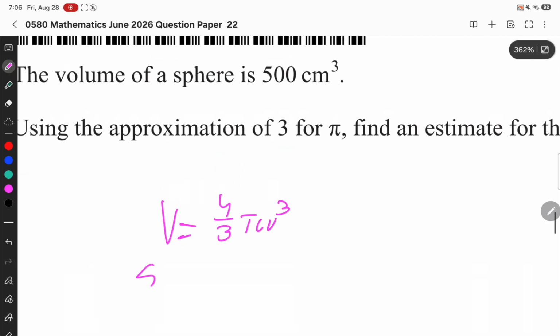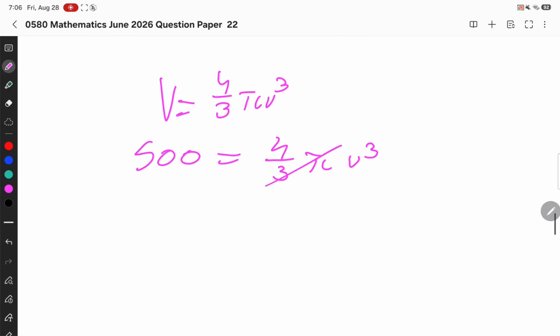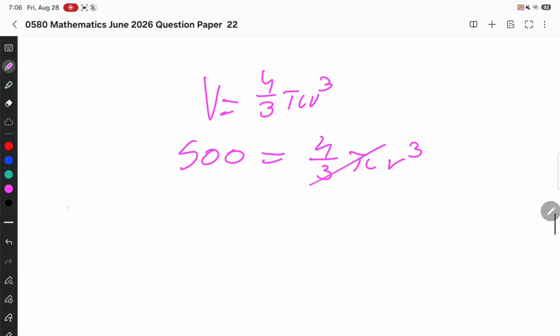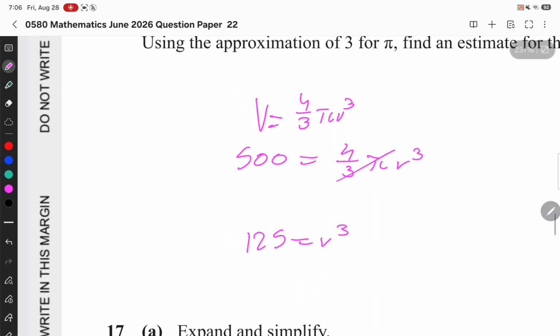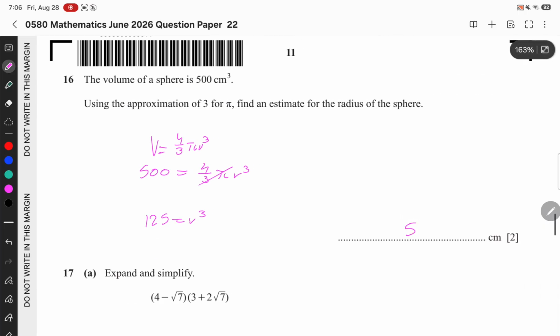This is 500 is equal to... oh my god, this feels so illegal. This is 125 is equal to R cubed. This is a massive approximation. A massive one.